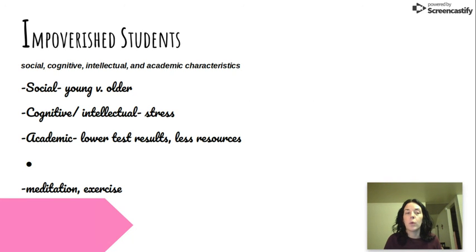So the first category we will look at here is impoverished students, and for each of these slides, we will dive into the social, cognitive, intellectual, and academic characteristics. Socially, a poor student in the younger elementary age, you might not notice a difference.